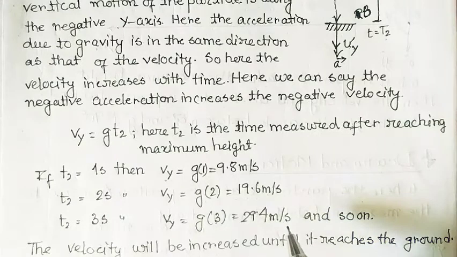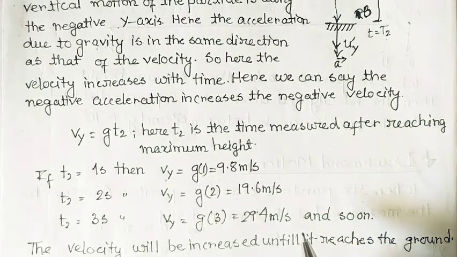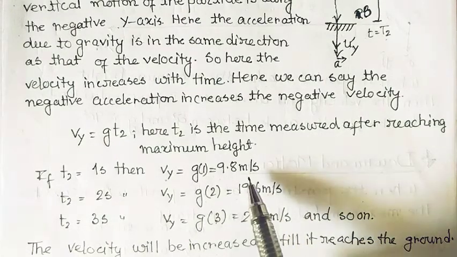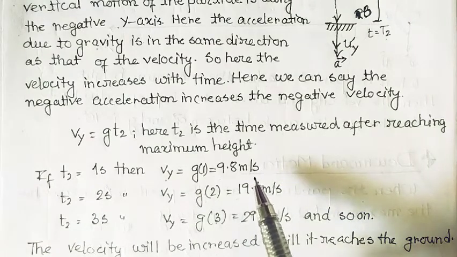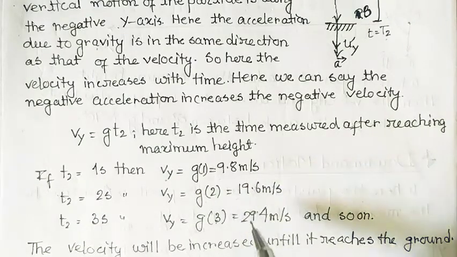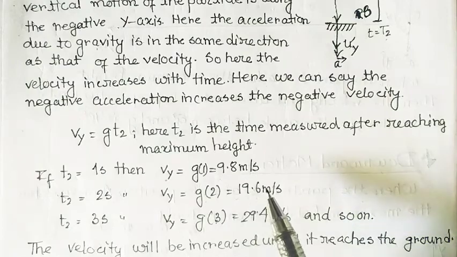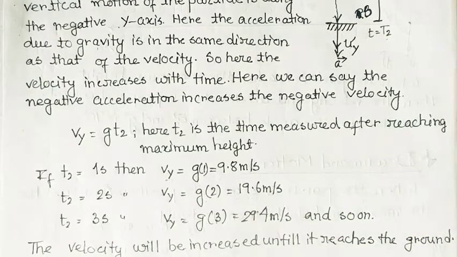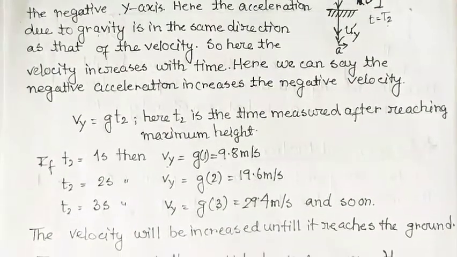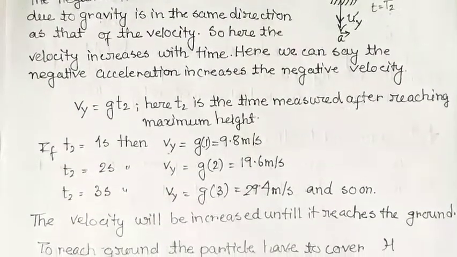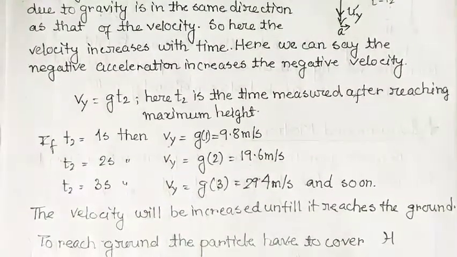So here the acceleration due to gravity increases the velocity at every point, because of free fall. Here the particle is actually in free fall. The velocity will increase until it reaches the ground, until it reaches the point B.